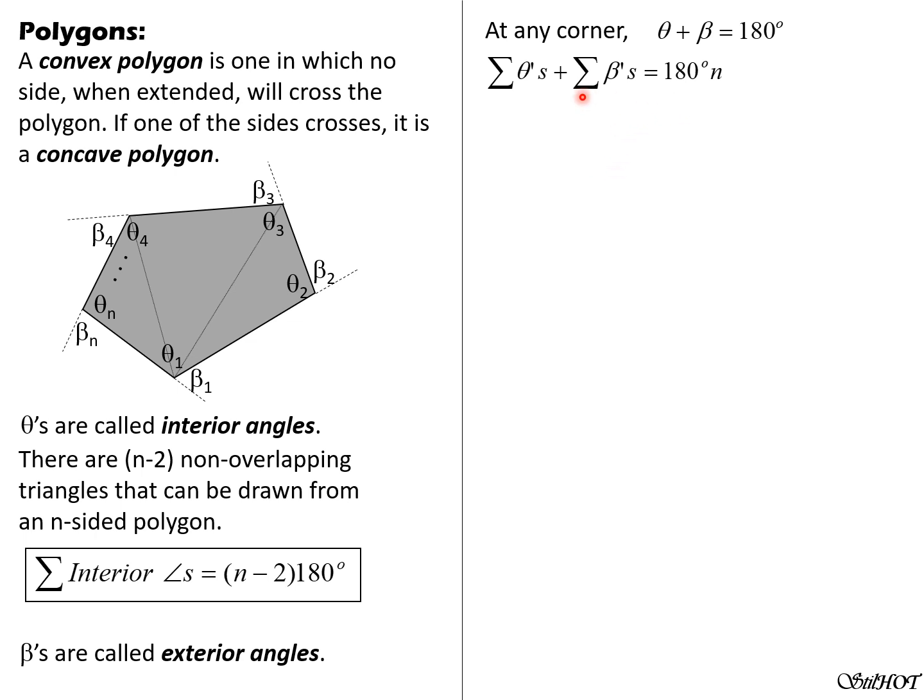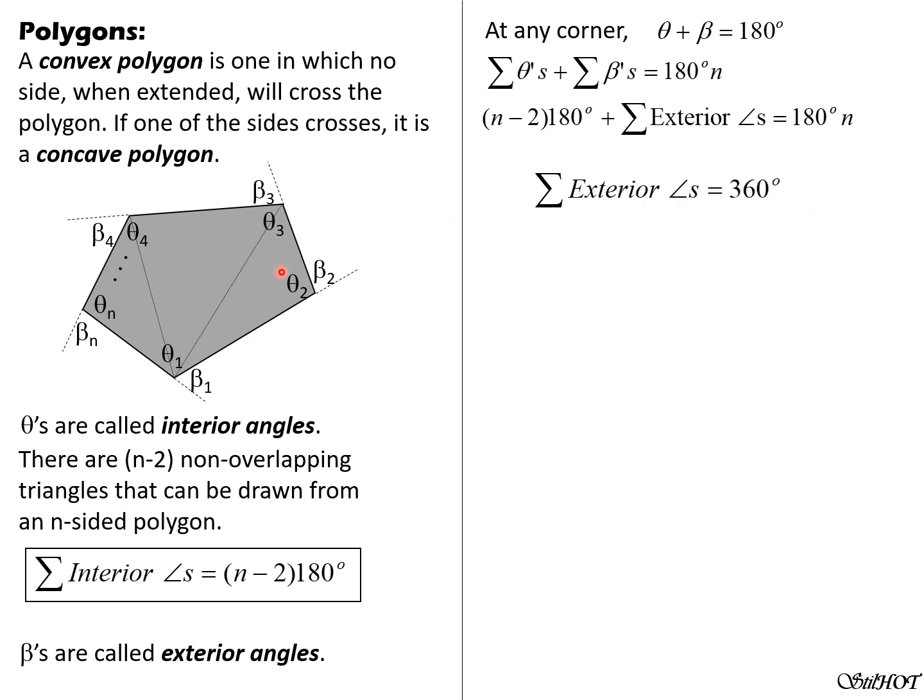The summation of thetas is known to be quantity n minus 2 times 180 degrees, plus summation of exterior angles equals 180 degrees n. So if we expand, we have 180 degrees n, which can be cancelled, then minus 360 degrees. This negative 360 degrees is transposed to the right, so the sum of the exterior angles is equal to 360 degrees.